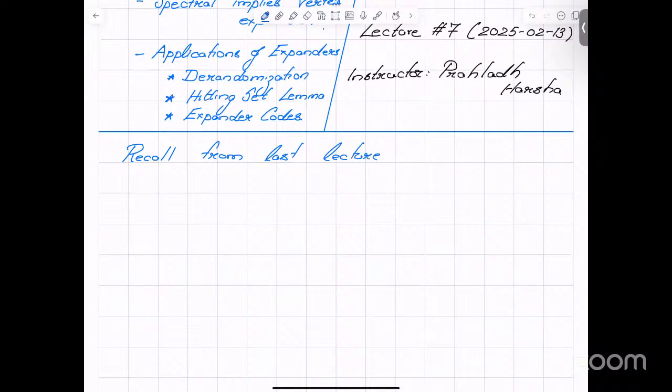We had defined two notions of expansion. One was spectral expansion. We defined a graph to be an (n, d, lambda) expander.